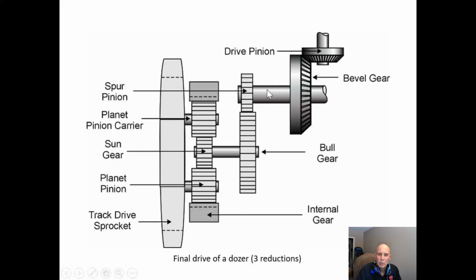That drives a spur pinion that drives a bull gear that goes into a planetary gear set. So we have three reductions here. We have one here, our second one here, and our third one here.